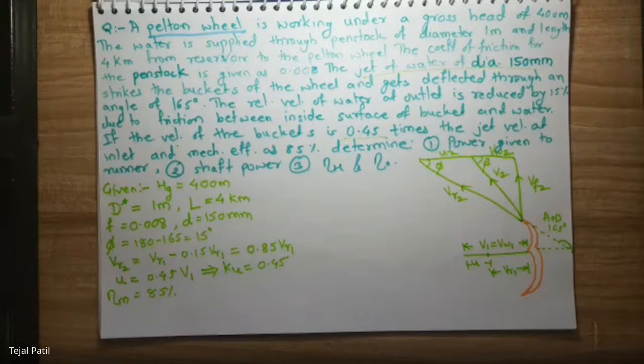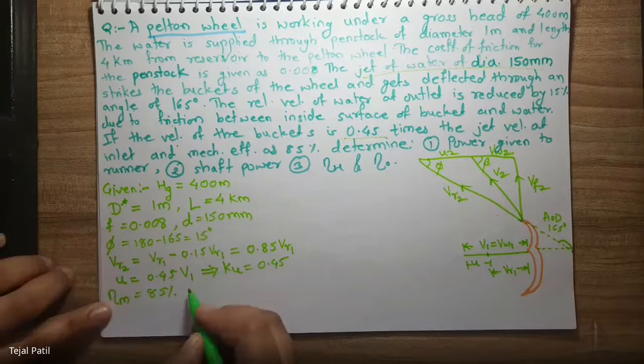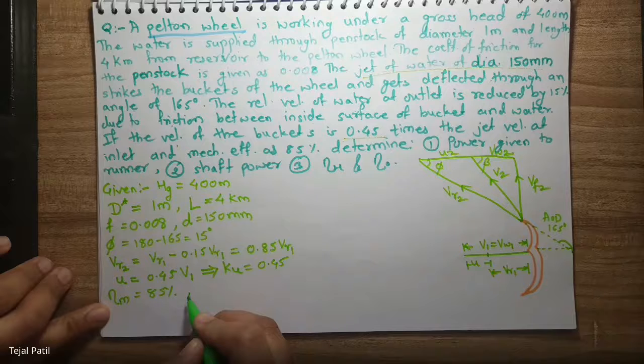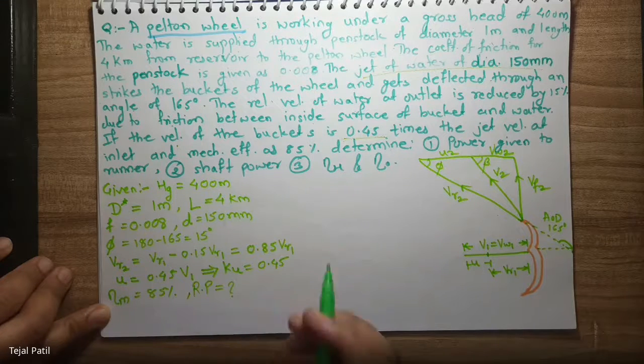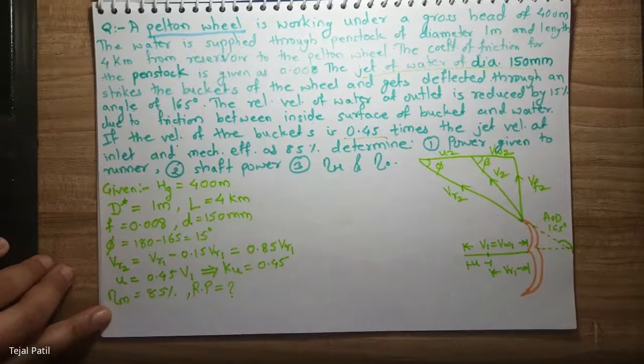You can't say that it is your kinetic energy. That is power supplied to the bucket. But through the bucket, that power will be given to the whole runner. So that's why it is said as RP. Sometimes this may be confusing that it is said given, that means you may say what is the input to that runner.